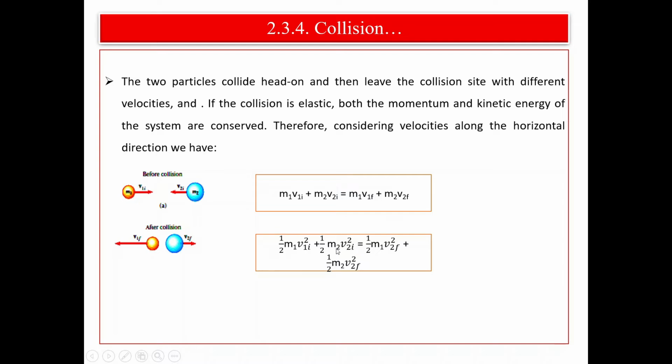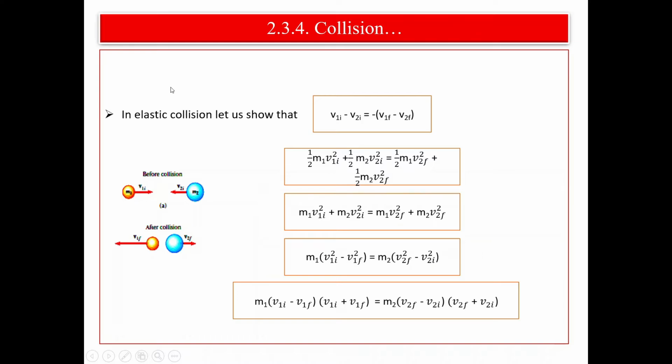After the collision, they have a kinetic energy of half m1 v1 final square plus half m2 v2 final square. So the initial kinetic energy on the left side is equal to the final kinetic energy on the right side.